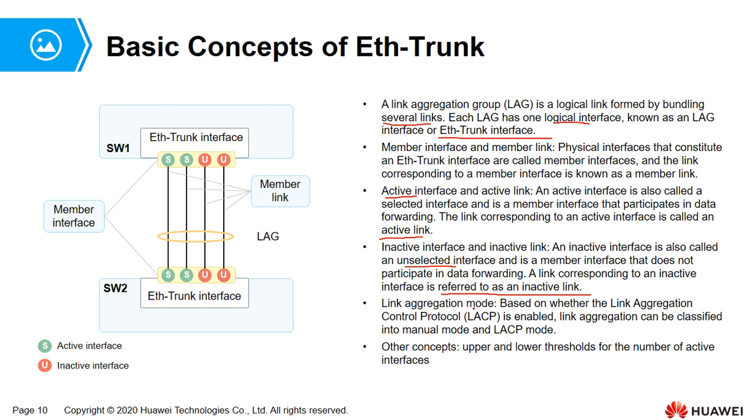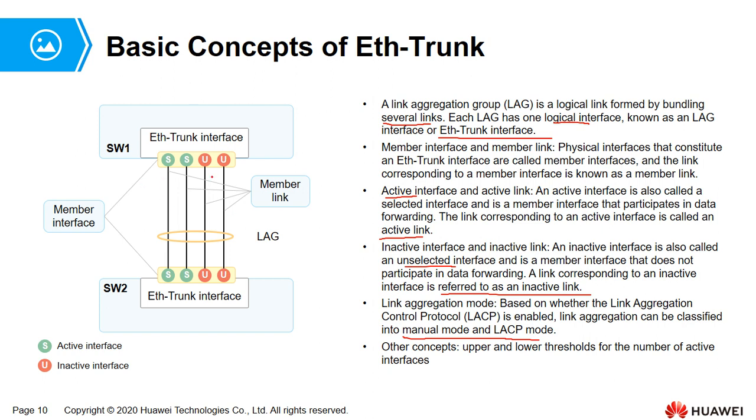Link aggregation modes. Based on whether the link aggregation control protocol is enabled, link aggregation can be classified into manual mode and LACP mode. You can configure link aggregation in LACP mode or manual load balancing mode. You can see switch 1 and switch 2 configured with Eth-trunk.